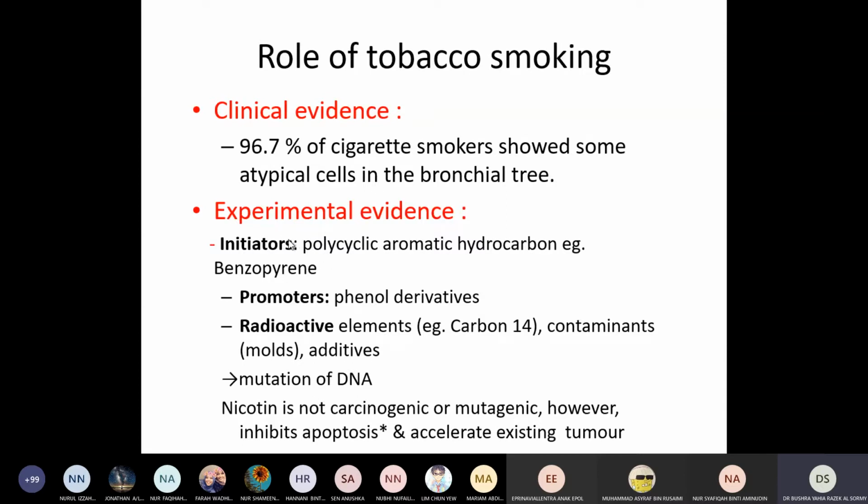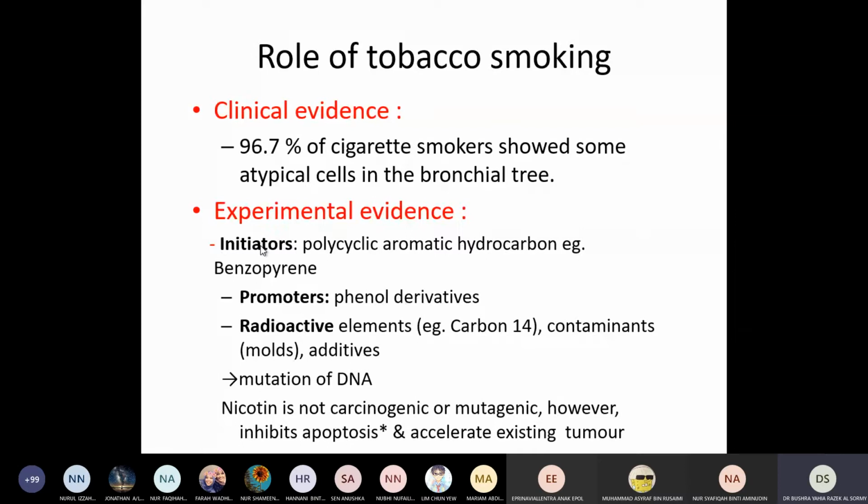As for the role of tobacco, this is the rule: initiators, promoters, and radioactive elements. Initiators are like polycyclic aromatic hydrocarbon and benzopyrene; promoters are phenol derivatives; radioactive elements are contaminants, mold, and additives.